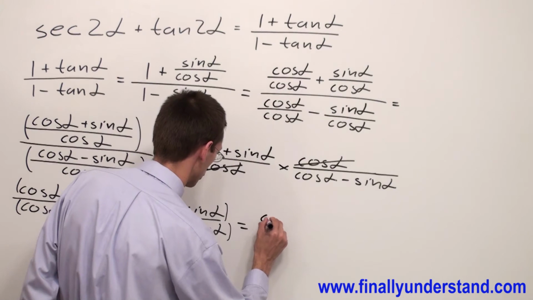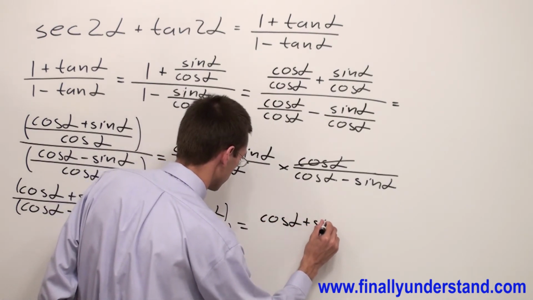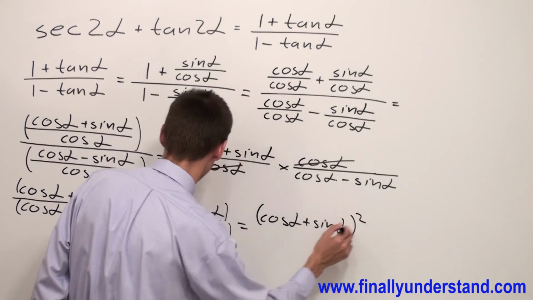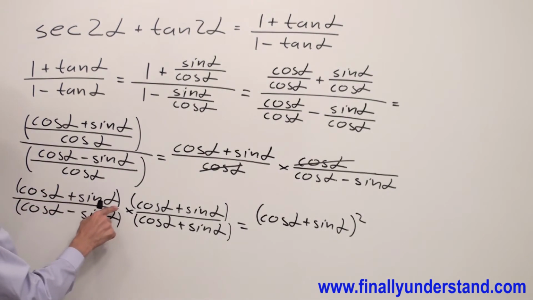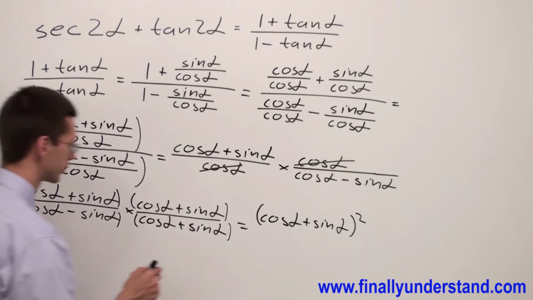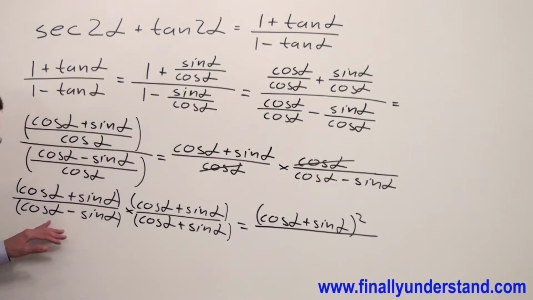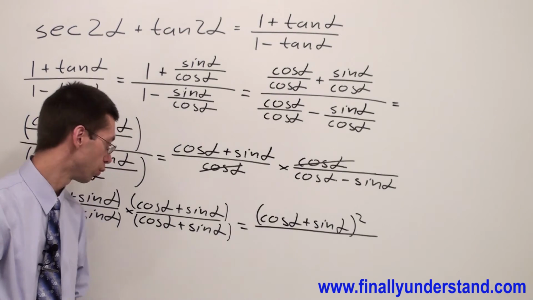So we have cosine alpha plus sine alpha squared, because we're multiplying cosine alpha plus sine alpha times cosine alpha plus sine alpha. Next, please notice that in the denominator we have nothing else, just the difference of squares.